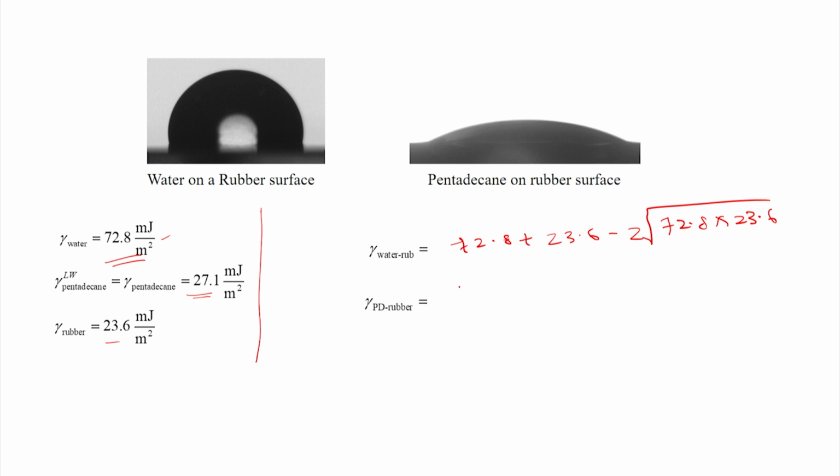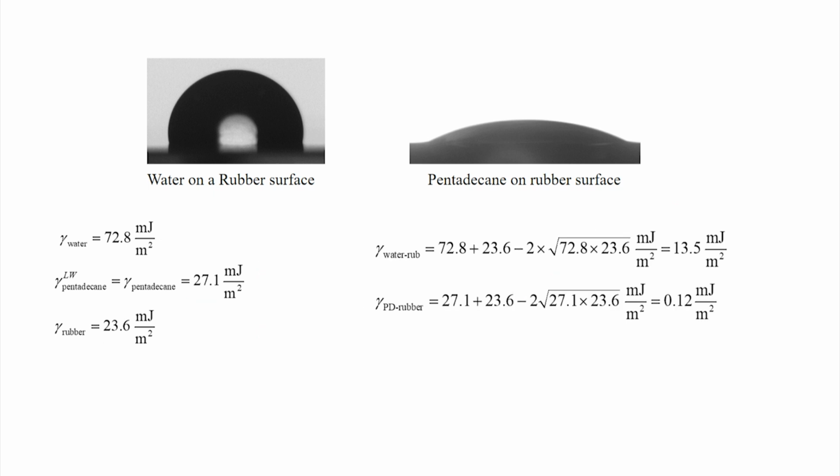And for pentadecane-rubber, pentadecane is 27.1 plus 23.6 minus 2 square root of 27.1 into 23.6, this many millijoule per meter square. If we estimate by calculator, this value comes out to be 13.5 millijoule per meter square, and this comes out to be 0.12 millijoule per meter square.